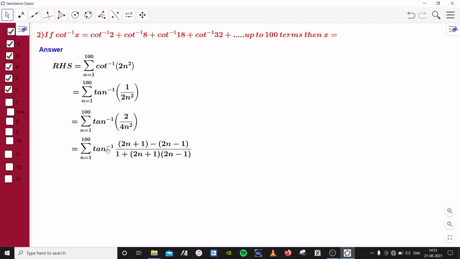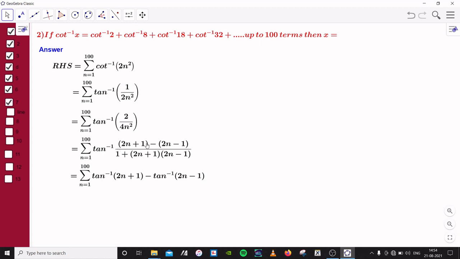That is of the form tan inverse x minus y by 1 plus xy. What is tan inverse x minus y by 1 plus xy? That is tan inverse x minus tan inverse y. By using that result, we can write this as sigma 1 to 100 tan inverse 2n plus 1 minus tan inverse 2n minus 1.